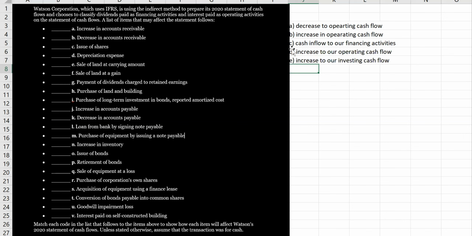Sale of land at a gain. Well, this is an interesting one. The sale of land at a gain is going to be, so the proceeds from the sale of land are going to be an inflow to our investing section, investing cash flow.